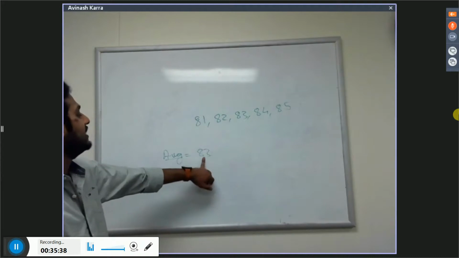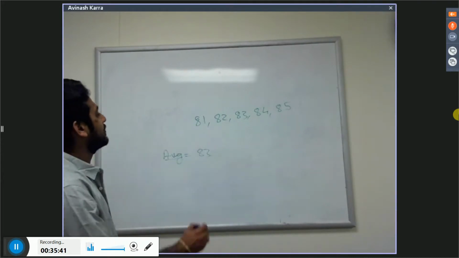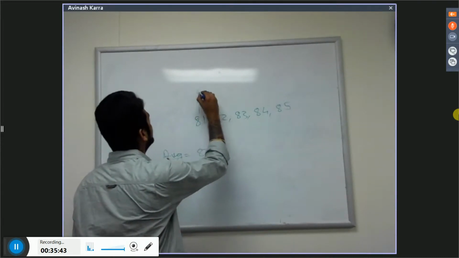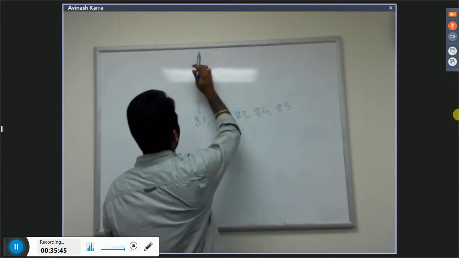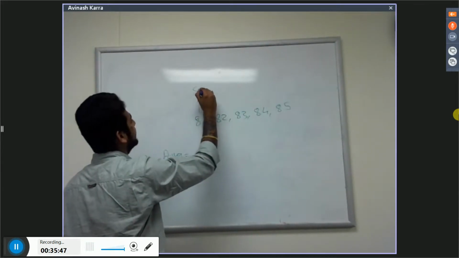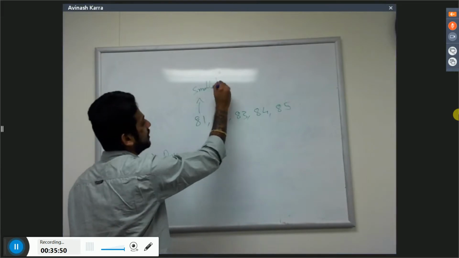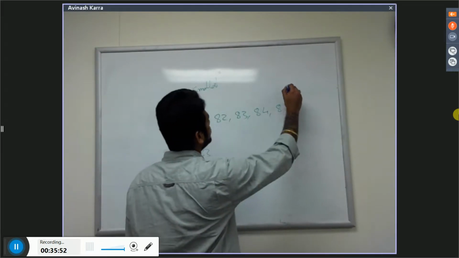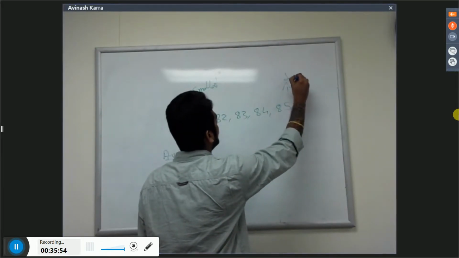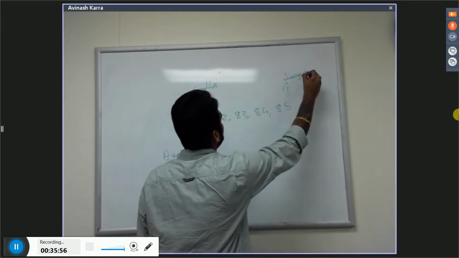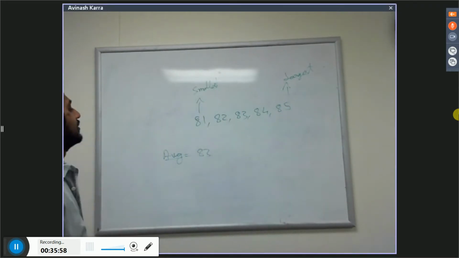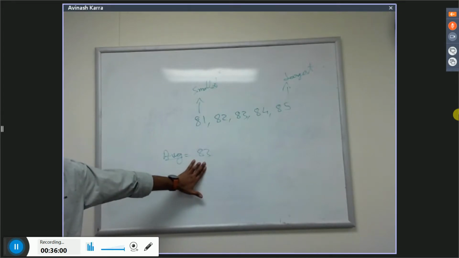What is the smallest number here? 81. What is the largest number here? 85. So this is the average, right?